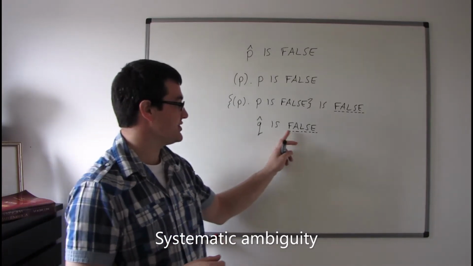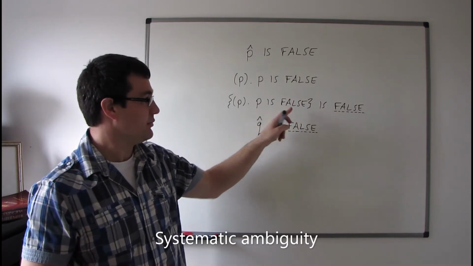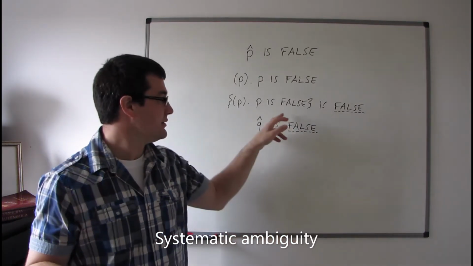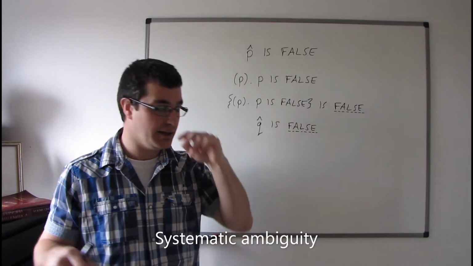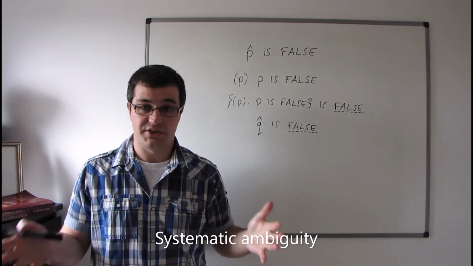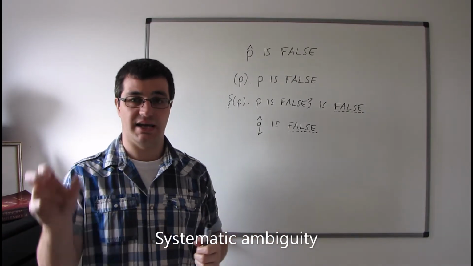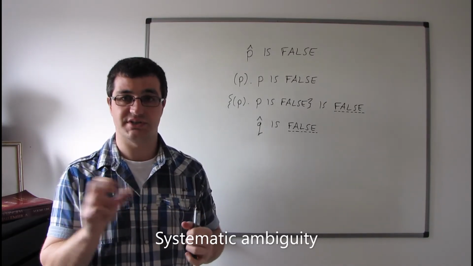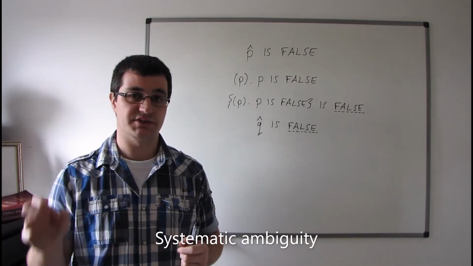So rather than distinguishing this false and this false here, we acknowledge that there will be a difference, but in the way that we present the false here and the false here, we use the same symbol. And this is actually the course of action that we're going to take. We're going to take the second option, where we use the same symbol at each level and accept that as it's applied to different propositions, it's going to have a different meaning, rather than trying to use a different symbol for each of the different meanings.